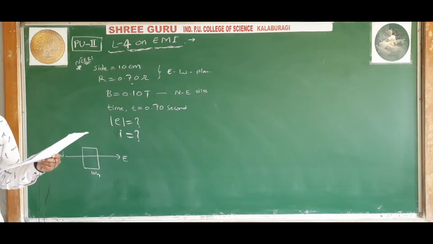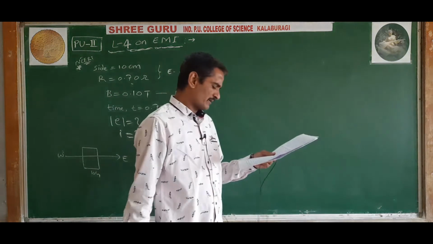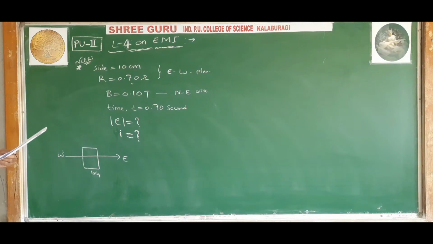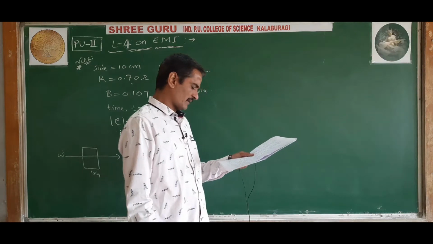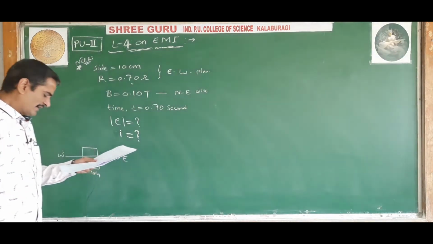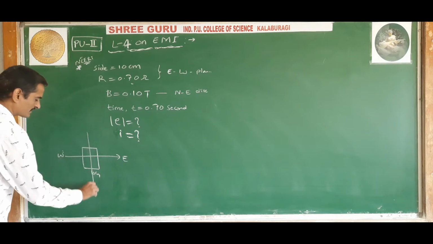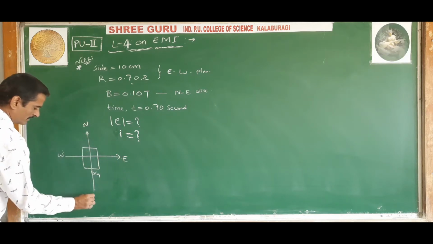A uniform magnetic field of 0.10 Tesla is set up across the plane in the northeast direction. So the magnetic field is in the northeast direction. This is east, this is west, then this will be north and this will be south.